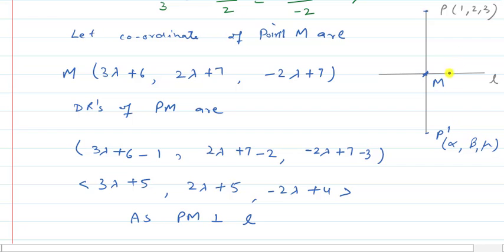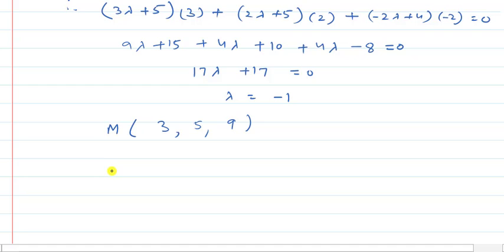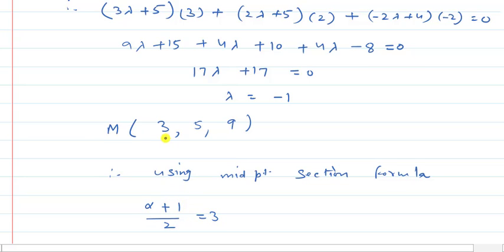So alpha plus 1 upon 2 is equal to, therefore using the midpoint section formula, we get alpha plus 1 upon 2 is equal to 3. This is the first point. So from here we are getting alpha is equal to 5.